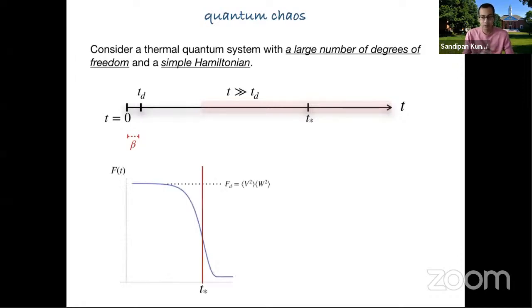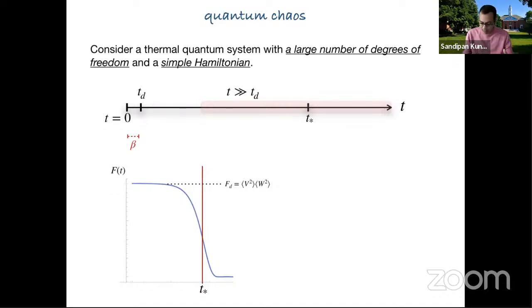A quantum system is said to be chaotic when the OTOC has this particular behavior. Initially, the OTOC is almost constant and it's given by the factorized value. After the onset of chaos, the OTOC starts to decrease. At the scrambling time, the OTOC deviates significantly from the initial factorized value.